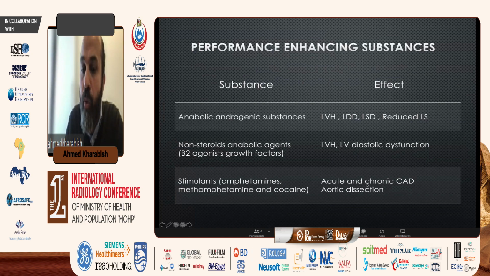Some of them might lead to acute coronary dissection or spontaneous dissection that heals. So the argument was about the late enhancement, whether this is a myocarditis with a subepicardial pattern, or an acute coronary event due to spontaneous coronary dissection due to the use of enhancing substances.